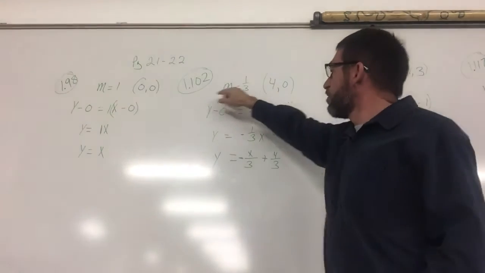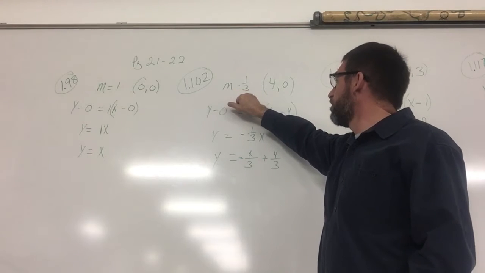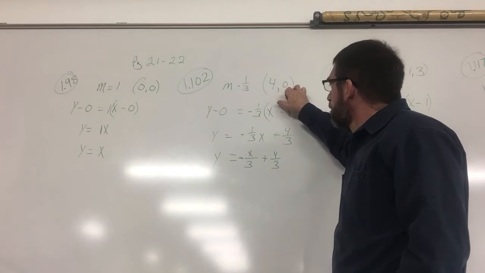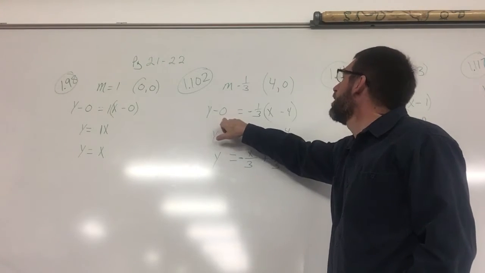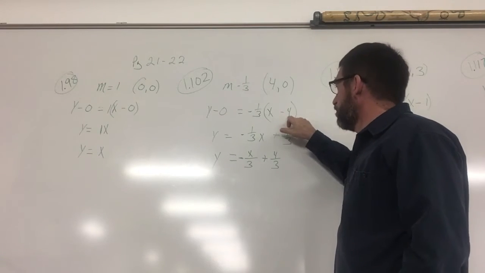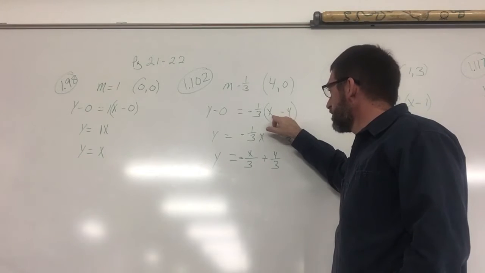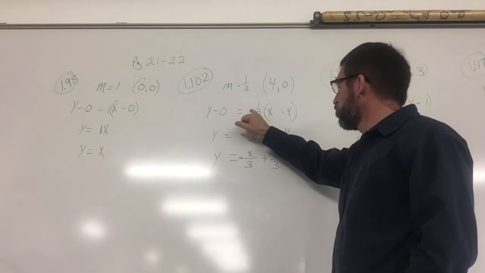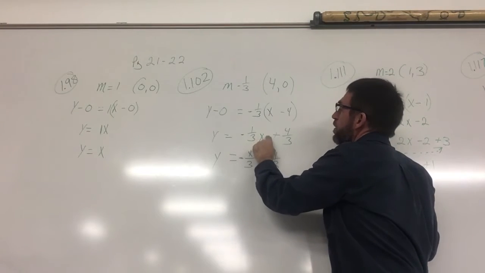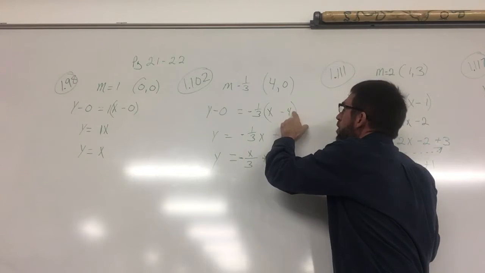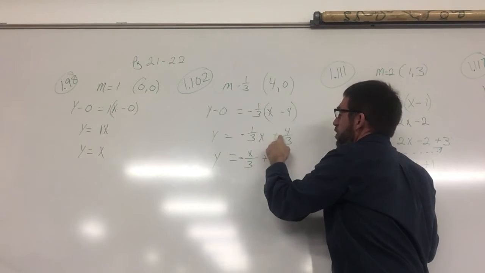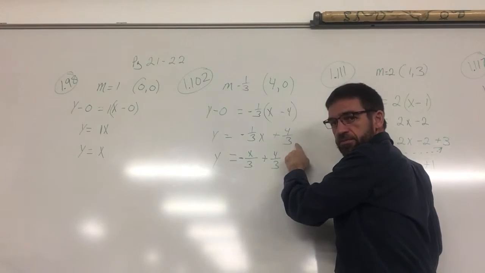Now, you took the 0 and subtracted it from y, and you put the 4 down here, x minus 4, or 4 subtracted from x. So now this is in parentheses, you're ready to multiply: negative 1/3 times x equals negative 1/3 x. Negative 1/3 times negative 4, now look, we got a negative 4 and a negative here, so that makes a positive 4/3.